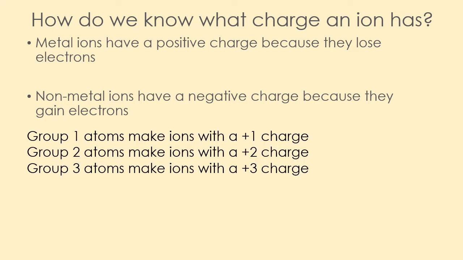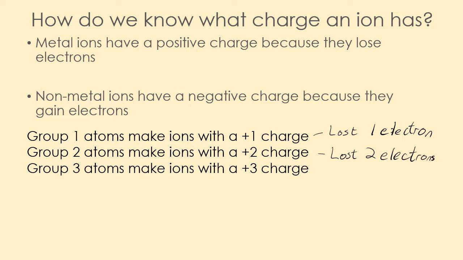So if we look at the elements on the periodic table, we know that group 1 atoms make ions with a +1 charge. They have lost 1 electron. Group 2 atoms make ions with a +2 charge. They have lost 2 electrons.